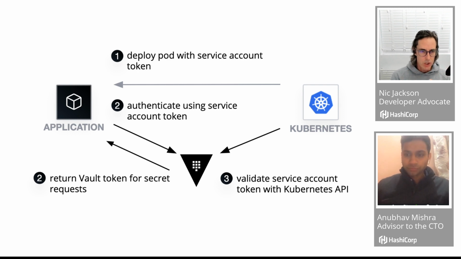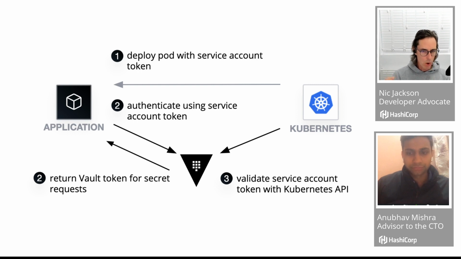When we run the injector, the injector adds a Vault Auth container inside our deployment automatically. That uses the service account token to log into Vault. Vault then has to talk to the Kubernetes API to validate the service account token, and if everything's correct, it gives you the authority to request secrets.